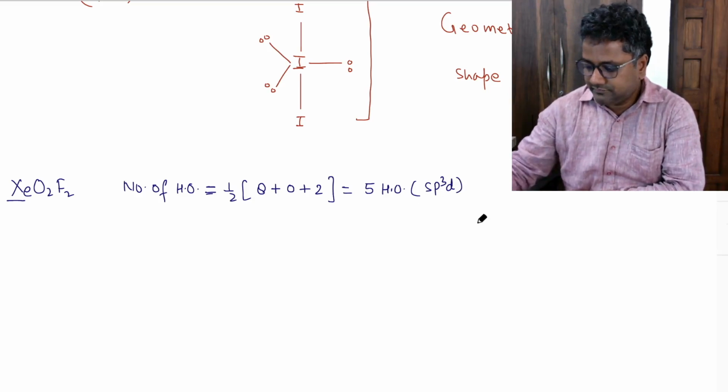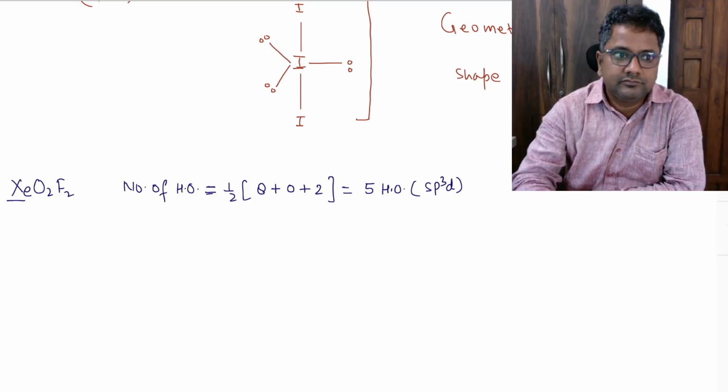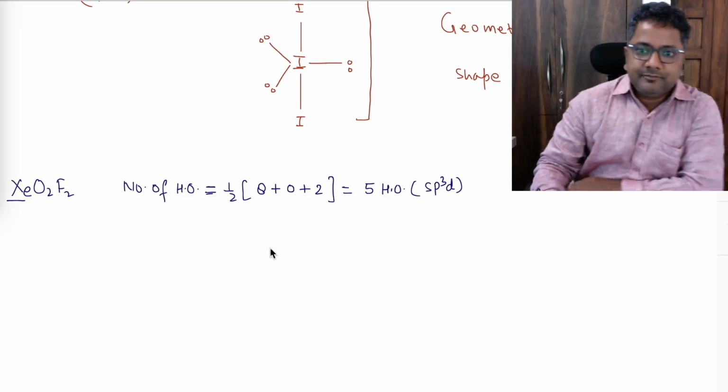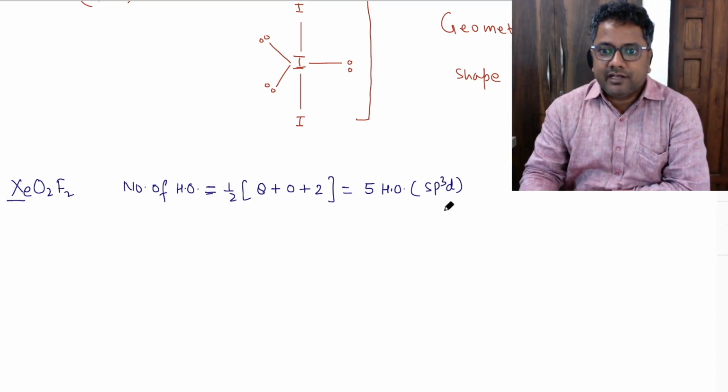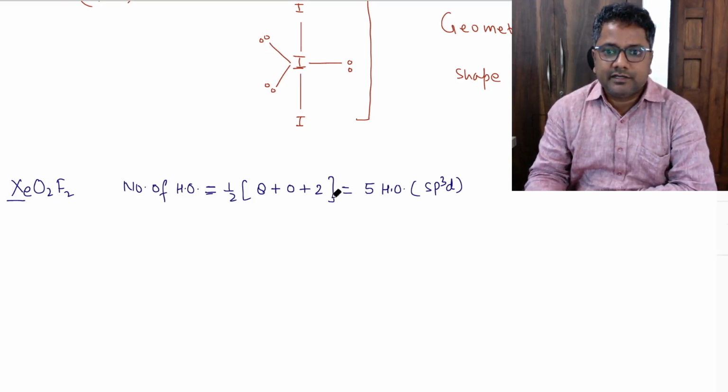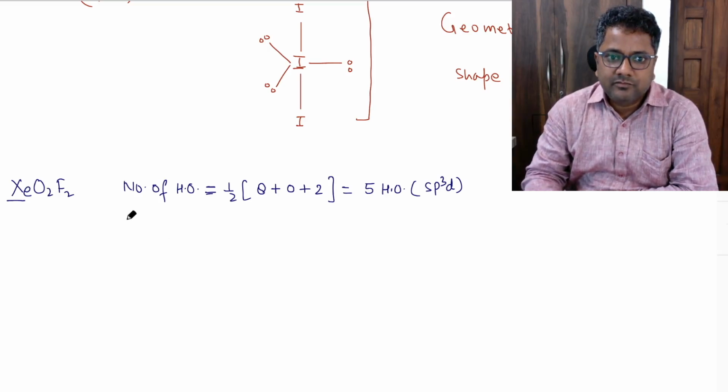Now see, sp3d hybridization. Now we have 2 and 2, 4 bond pairs and 1 lone pair. Bond pair means the number of atoms which overlap with the hybrid orbital of xenon. So see, 2 fluorine and 2 oxygen.